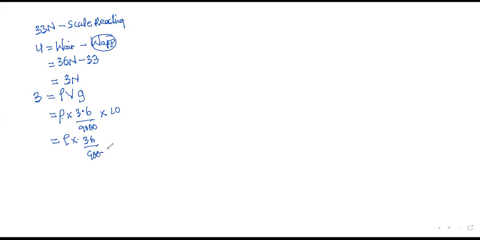So you can make rho the subject by eliminating the denominator. When I multiply through by 9,000, I have this canceling this. So I have 36 times rho is equal to 9,000 times 3. Then we divide through by 36.